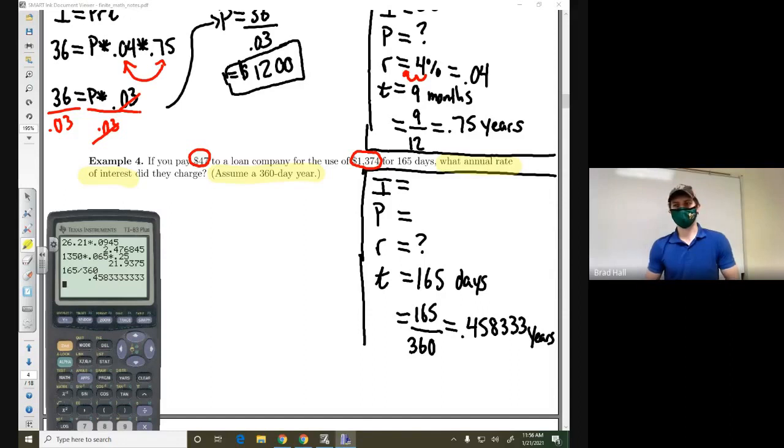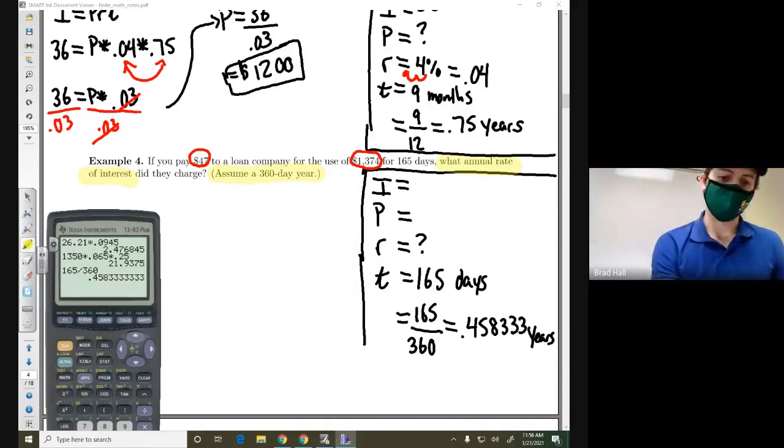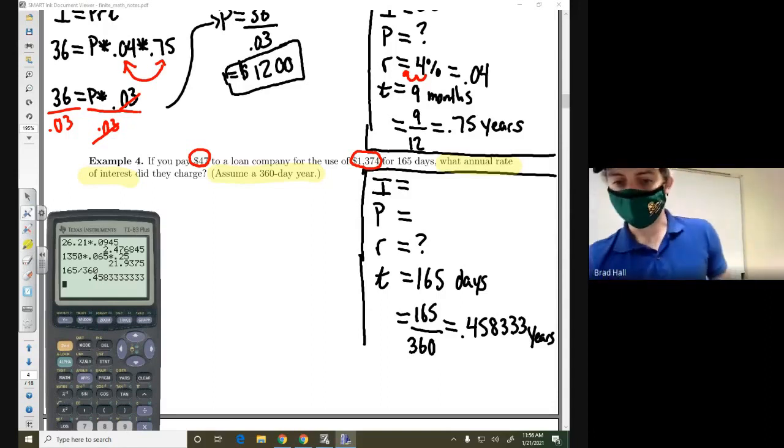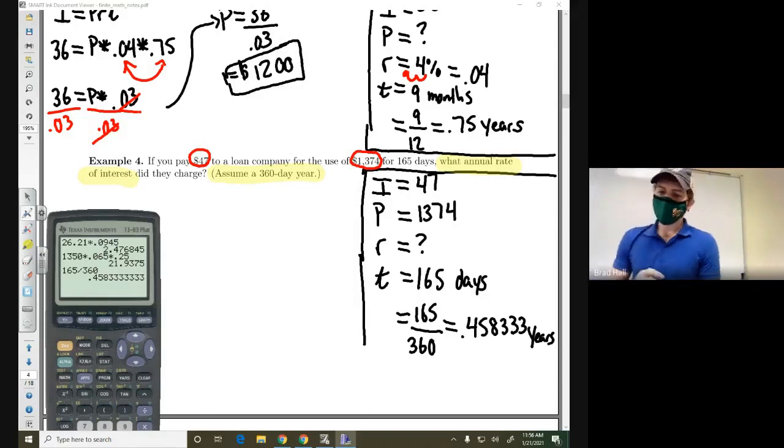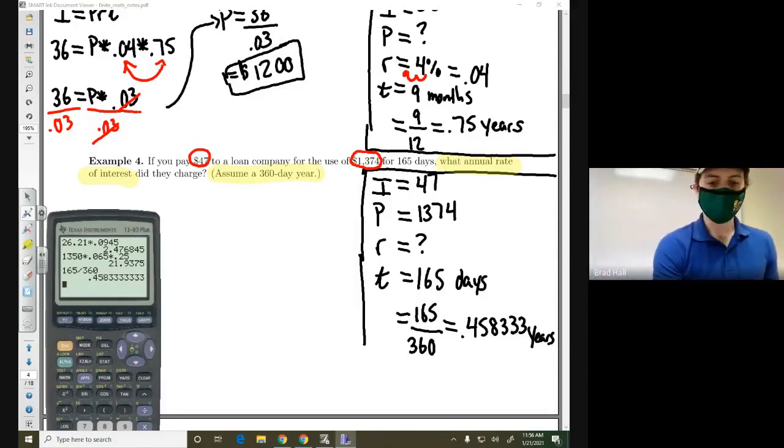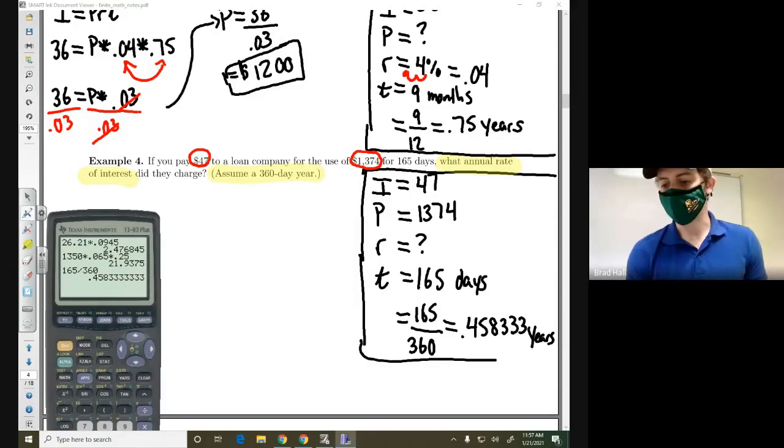Not really. Why would you want to pay over $1,000 to borrow 47 bucks? So, by that simple fact of logic, the fee is $47, and that's to use $1,374. So you can use that thought process. Sometimes that'll help when deciphering which value goes where.